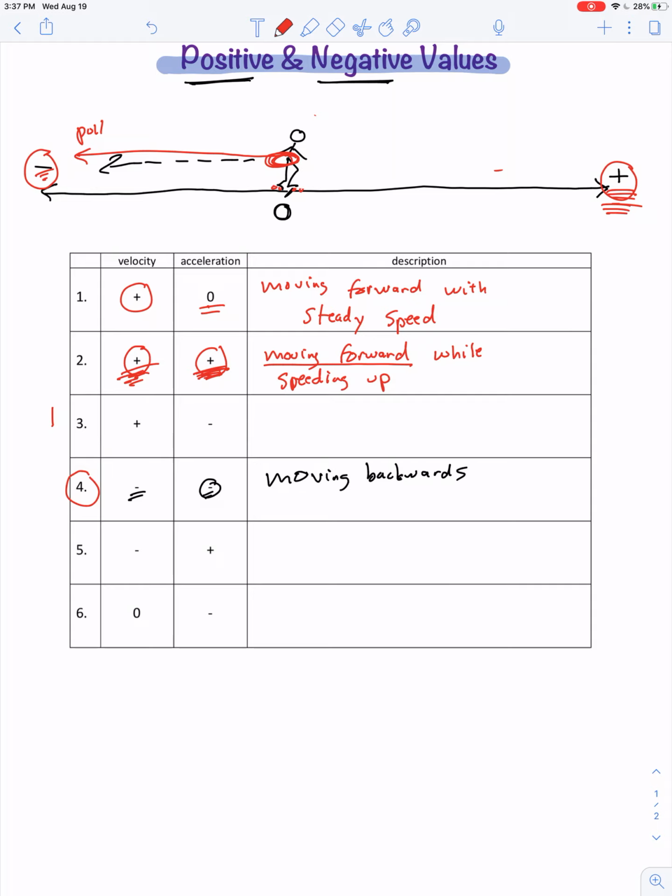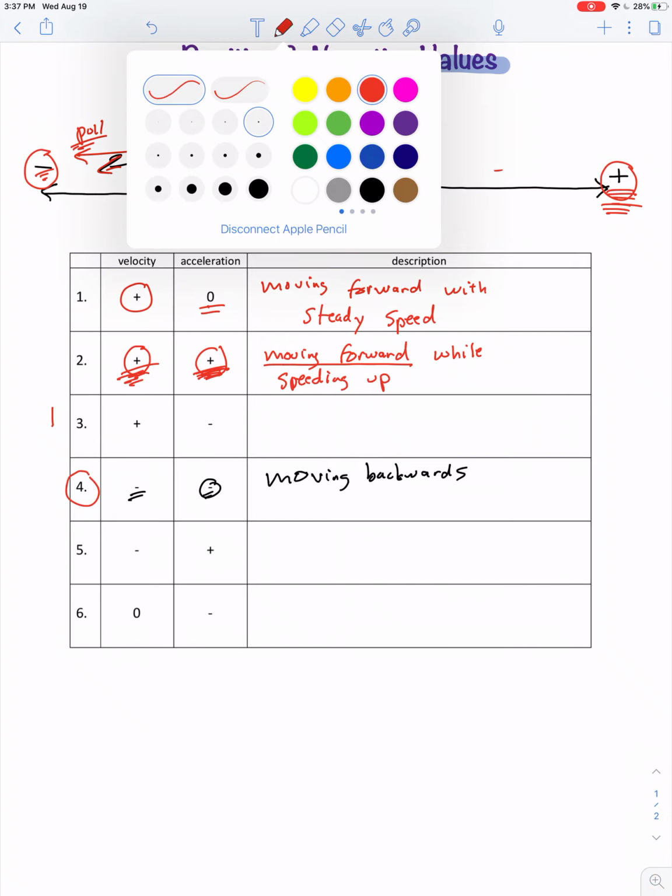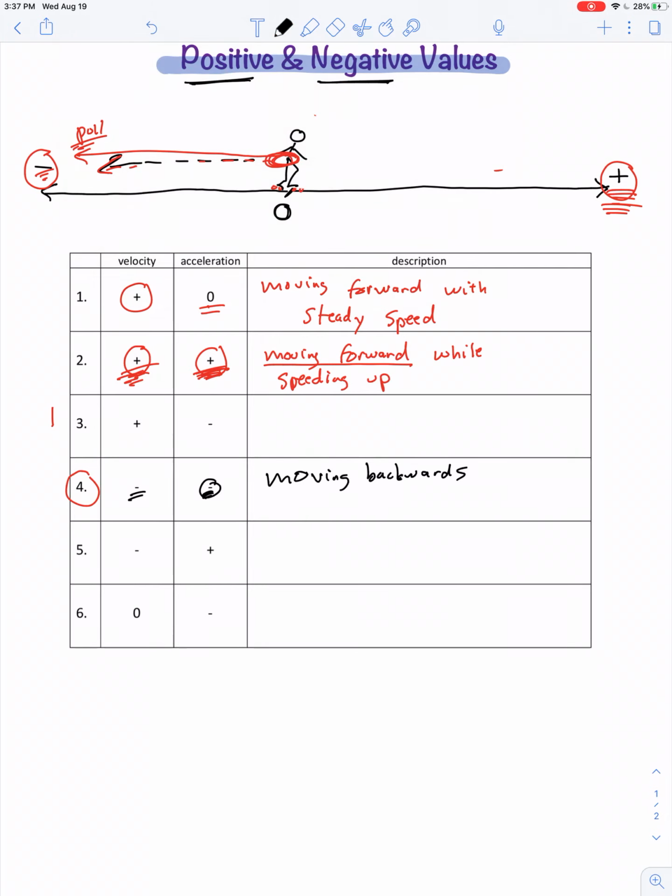Well, if somebody was already moving backwards and you pulled in the same direction, that person would speed up. So negatives for acceleration could mean speeding up, just as well as a positive acceleration could mean speeding up. Positive and negative refer to a direction on a number line. They don't refer to speed up or slow down. They don't refer to increase or decrease.